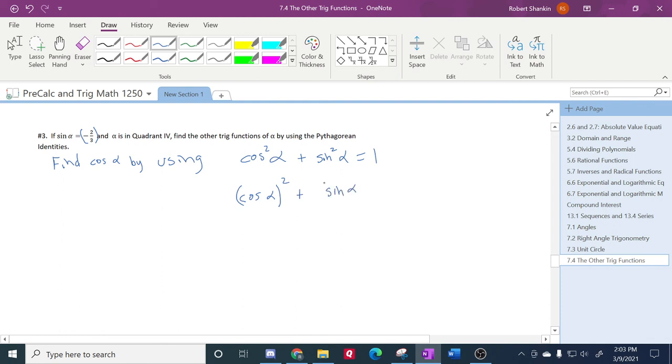Sine squared alpha really means this. This negative 2/3 is the same as sine of alpha, so it's going to go in right here. So I'll go back to the normal notation. And now I'm going to square that out.